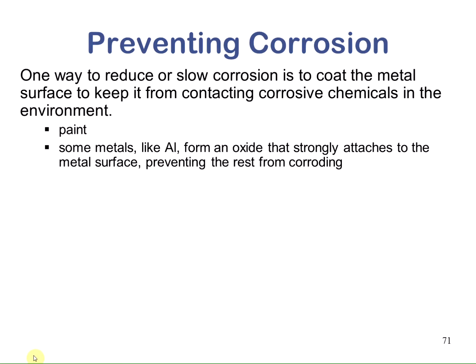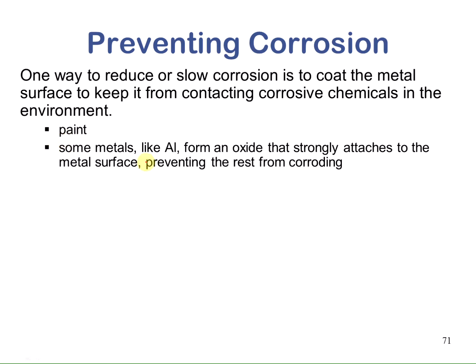Now, one of the ways that you can prevent corrosion is either to do something to prevent that corrosion from happening, or have something else that's less expensive to corrode instead. So one way to reduce or slow corrosion is to coat the metal surface to keep it from contacting corrosive chemicals in the environment. So maybe paint the metal to keep oxygen from reacting with it.